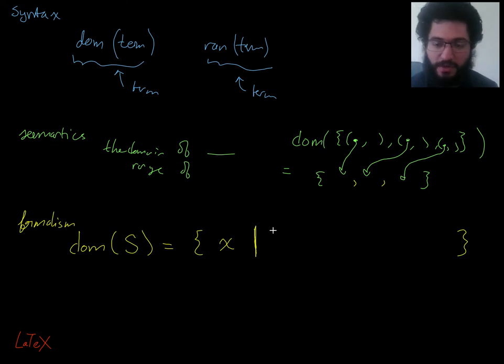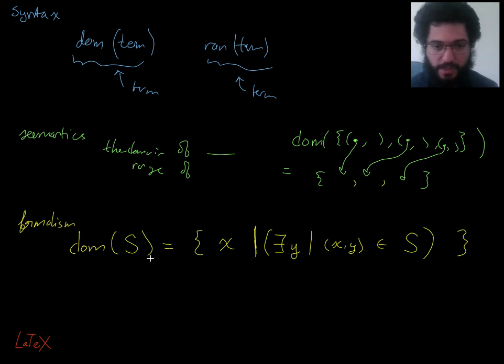You hear that quantifier? Some. So there must exist some pair. I'm actually going to say there must exist some second position, so that if you build up a pair using what you're looking at as the first position, then that's in the original set. So there must exist some y, so that when you pair them together like this, this is in the original set, the set whose domain you're trying to take.